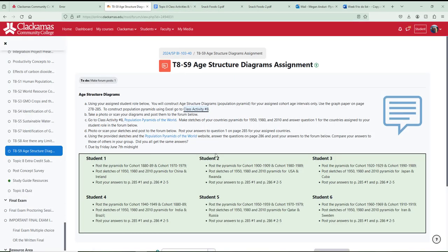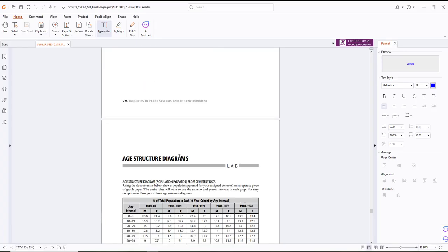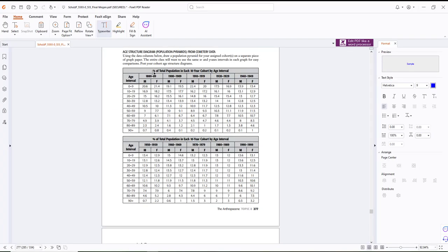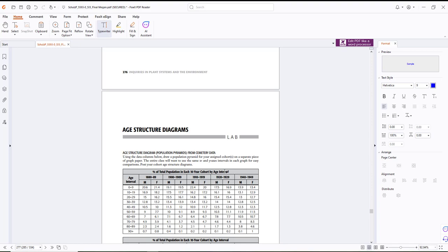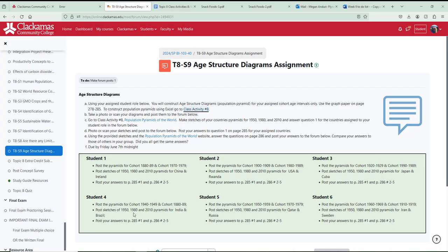But basically what you're going to do, let me go ahead and show you, is each student's role is assigned 2 of these cohorts. Okay, so if you take a look at, for example, student 1, your cohorts are 1880 and 1970.